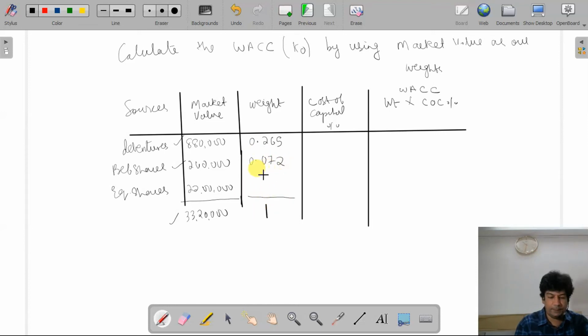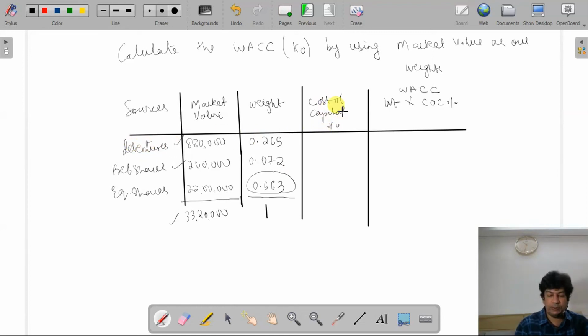And this one we are going to take as a balancing figure since I have rounded off the two answers. So 1 minus 0.265 minus 0.072, so I will be getting 0.663. If I divide 22 lakhs by 33 lakh 20,000, the same answer we are going to get.